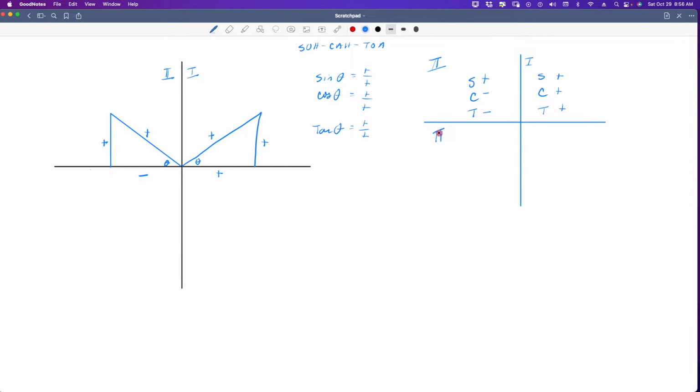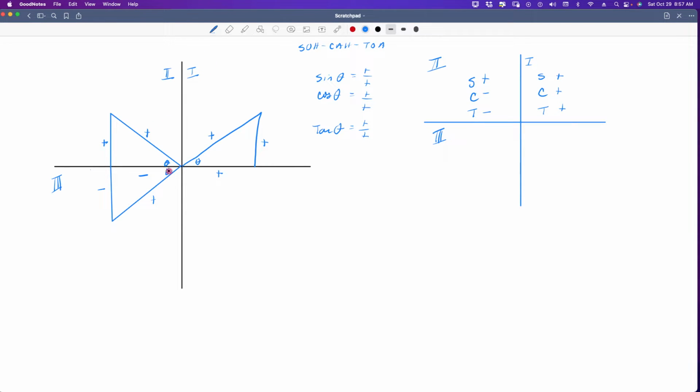Quadrant 3, that's here. We have this angle. And, oops, I accidentally made a triangle. That's okay. This is negative, and this is negative, and the hypotenuse is always positive. So here's our angle, theta. I'm going to get rid of that.